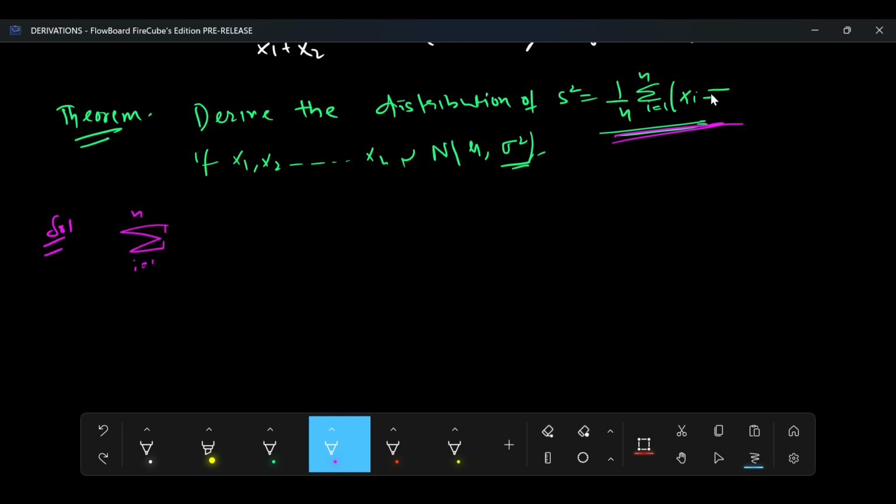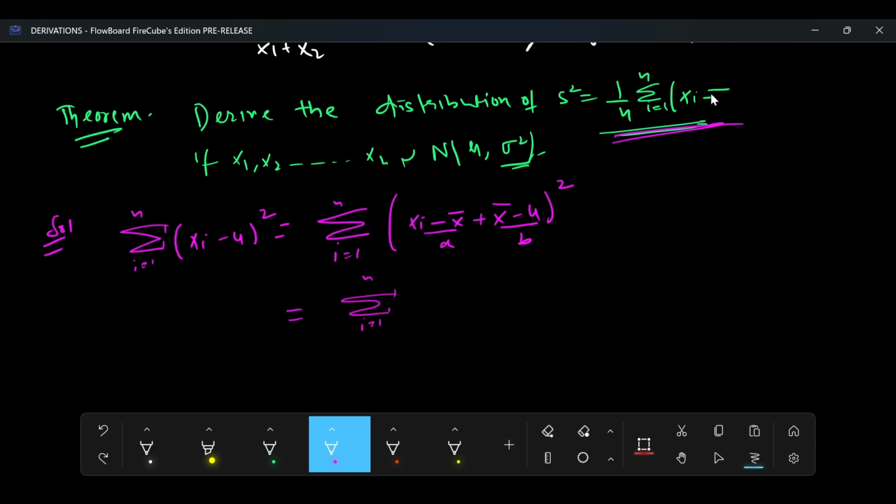Summation i is equal to 1 to n (xi minus mu) whole square will be written like this: summation i is equal to 1 to n (xi minus x bar plus x bar minus mu) whole square. What I did, I simply added and subtracted x bar, so when this cancels out we get back this. Treat this as a, treat this as b. Now expand.